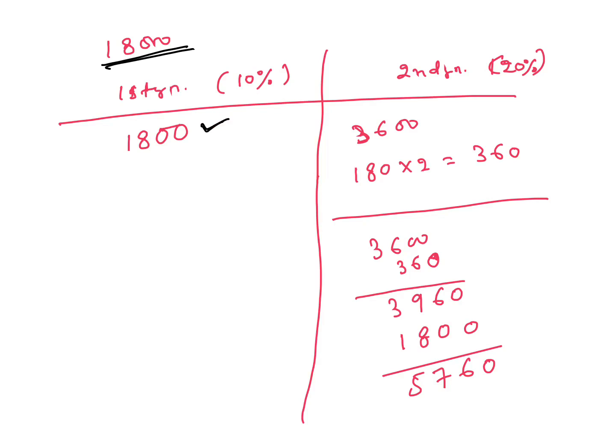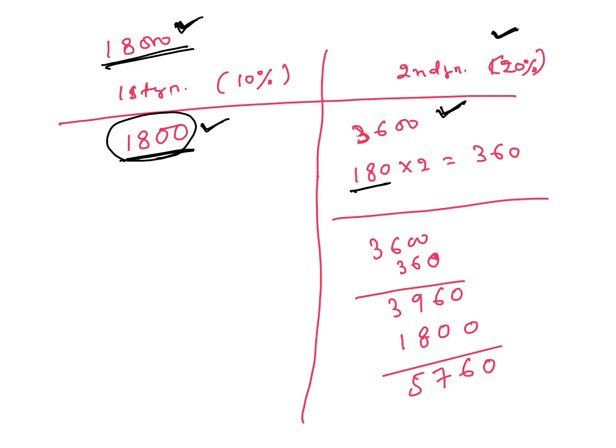So for 18,000 20%, 10% is 1800, 20% is 1800 into 2, 3600 you will get. And again for this amount 1800 you have to calculate the 20%. 20% of 1800, 10% is 180, 20% is 180 into 2, you will get 360.